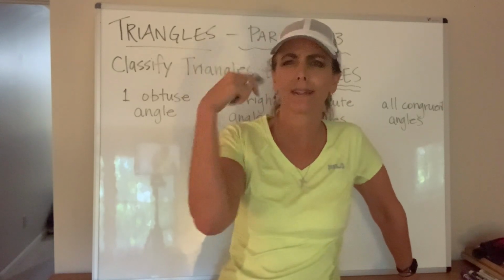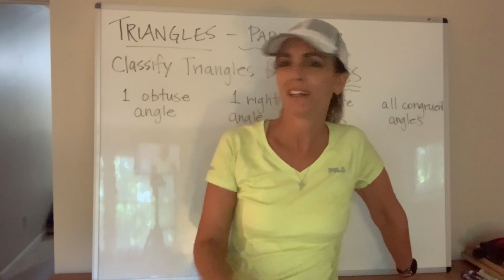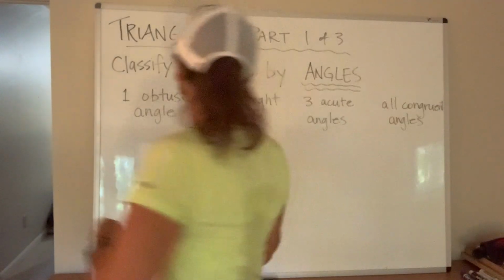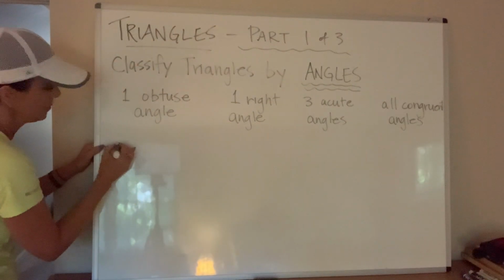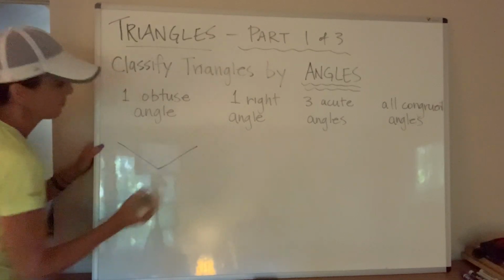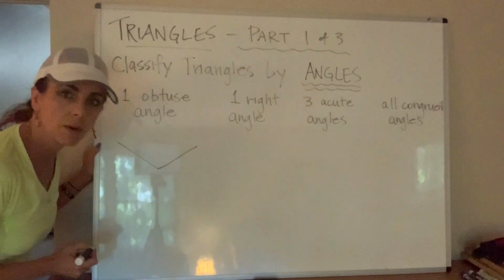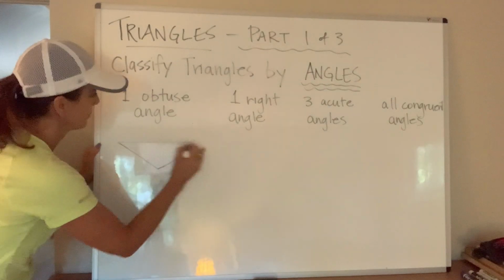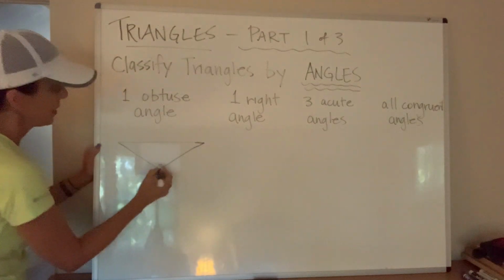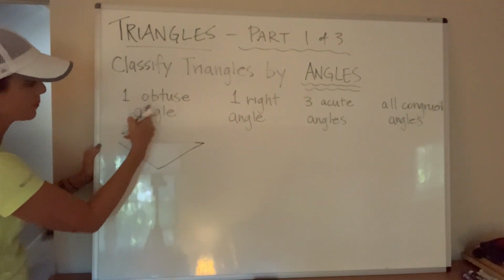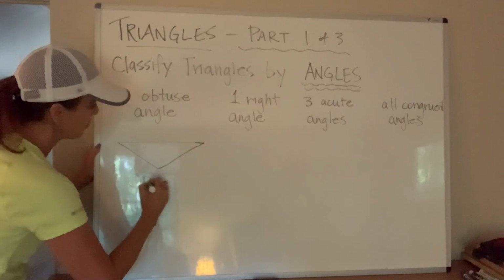See if you can put that together in your head. The answer is no, you can't. Because if you think about an obtuse angle, there's only one way to make the triangle. And if you've got one obtuse angle, this is considered an obtuse triangle.